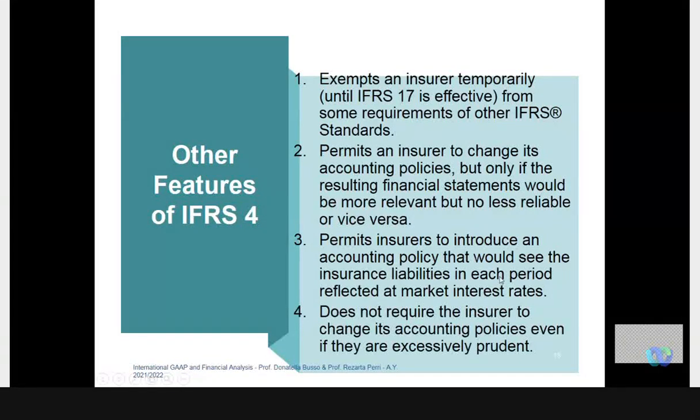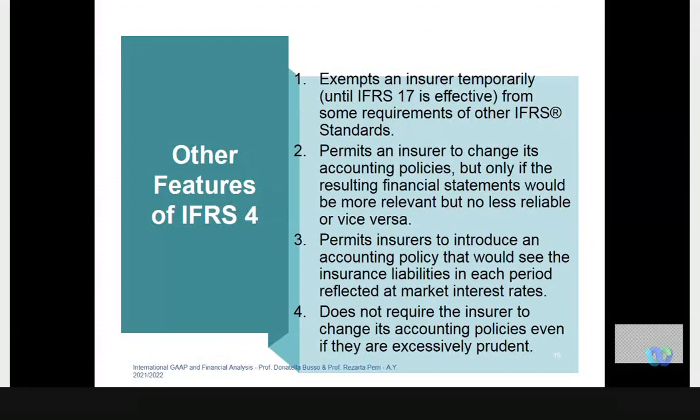The last thing is that this standard does not require the insurer to change its accounting policies even if they are excessively prudent. We mentioned something about the prudence principle in accounting, that is to be very careful whenever we foresee that we will have some expenditure.